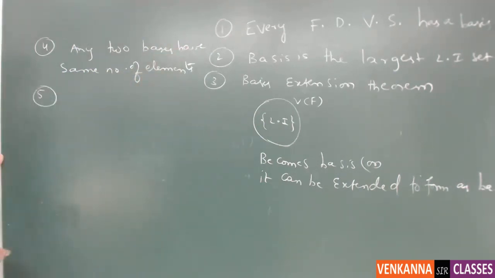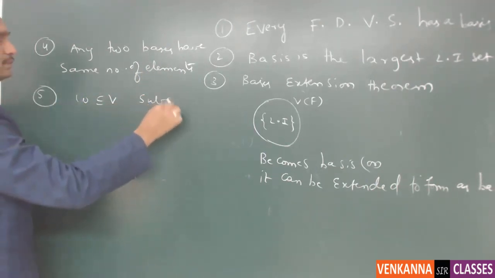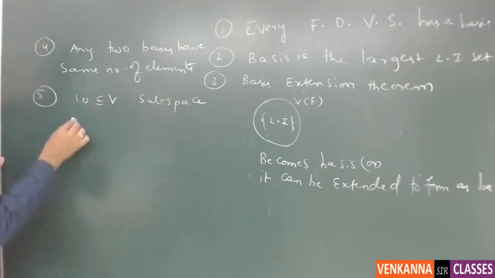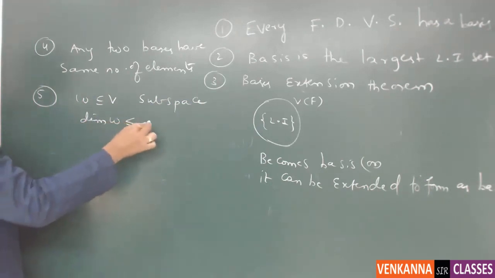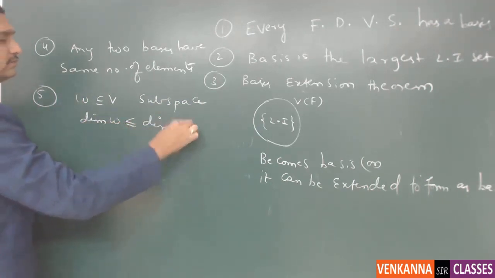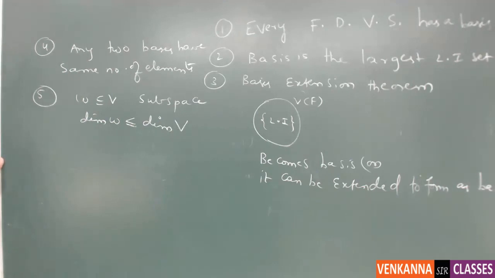And then, if W is a subspace of V, then dimension of W is less than or equal to dimension of V. That means for the vector space and the subspace, you find a basis for them. The number of elements in the subspace's basis is less than or equal to the number of elements in the main space's basis. It is a result, right?